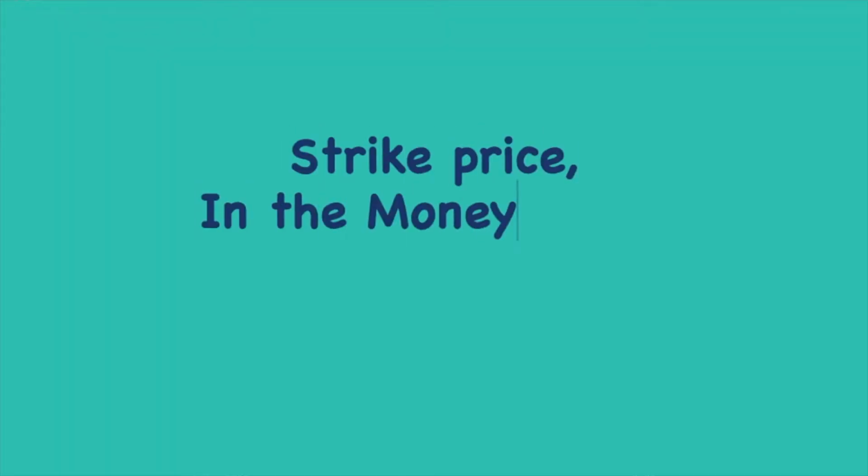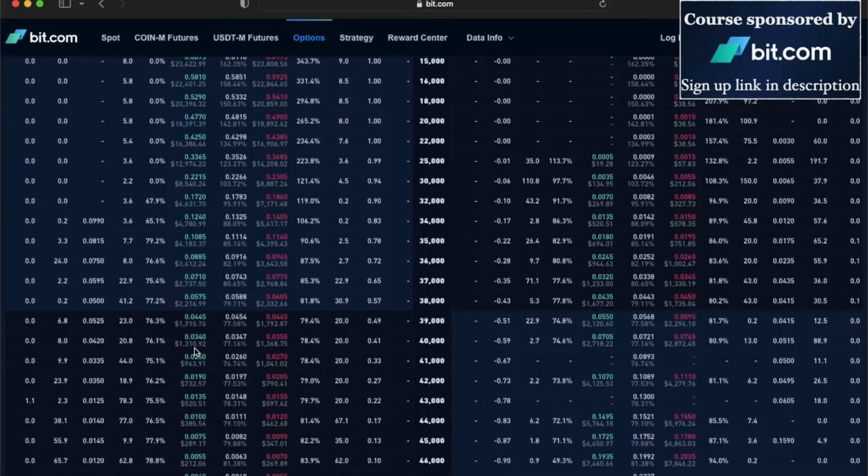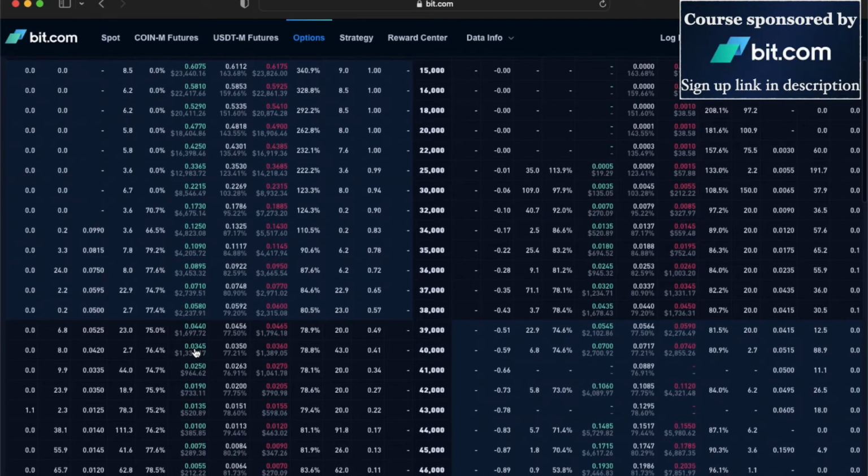So next is strike price. Strike price is basically the price at which you will be in profit. Suppose you are going long right now, and the price is around 38,000 at this point. You think that in 1-2 or 3 days the market will be around 41,000, and that's what you are expecting as your target price.